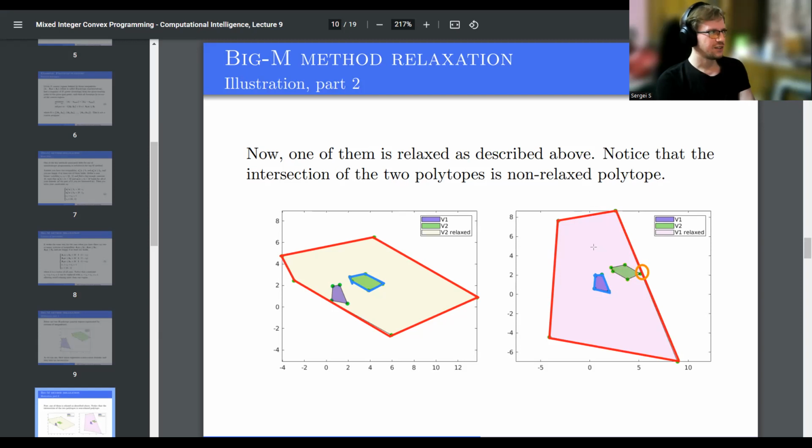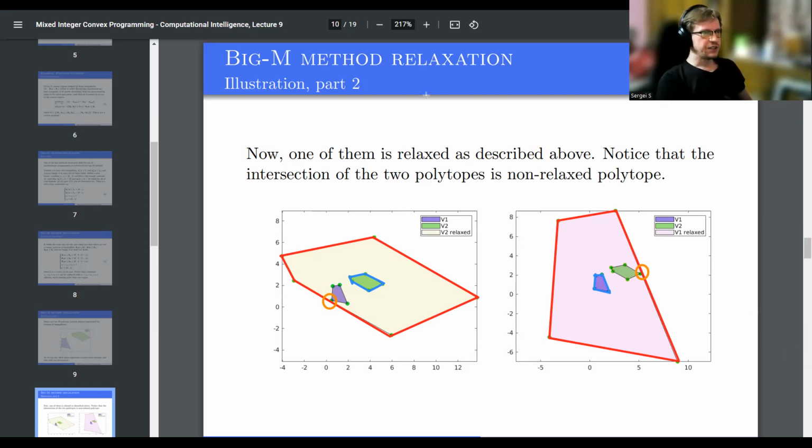So the furthest most edge of V2 would touch V1, a relaxed edge. That is the smallest possible big M which would satisfy us. Because again, we use the scalar big M, the same big M on the whole H representation of the polytope. If we used a separate big M for each half space, we could have done a more economic expansion. But here I used one big M for all edges.